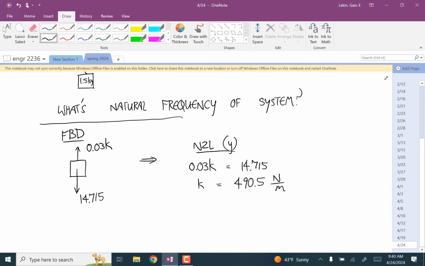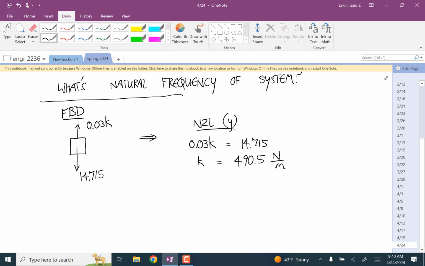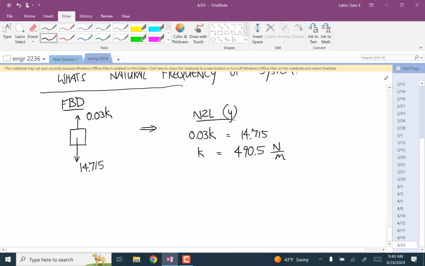Okay. So now the natural frequency of the system is 1 over 2 pi times the square root of 490.5 divided by m, which is 1.5.